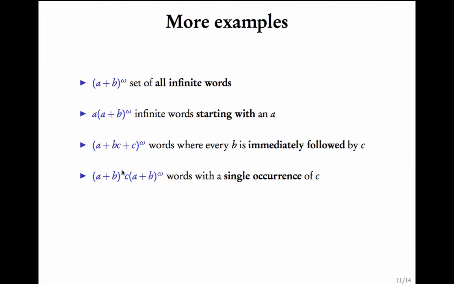This is some word in (A+B)*, and then you see this letter C, and then you see something in (A+B)^ω. So the first part is a set of all finite words using A and B, and there is a single C, followed by all infinite words using just A and B. So this will give us all possible words over the alphabet {A, B, C} where C occurs only once.